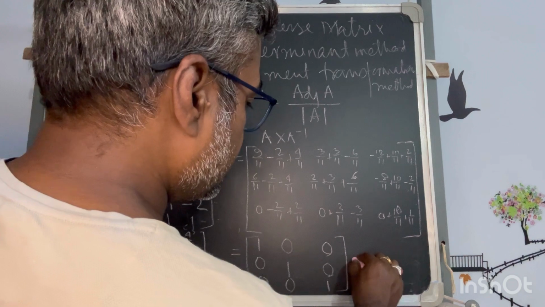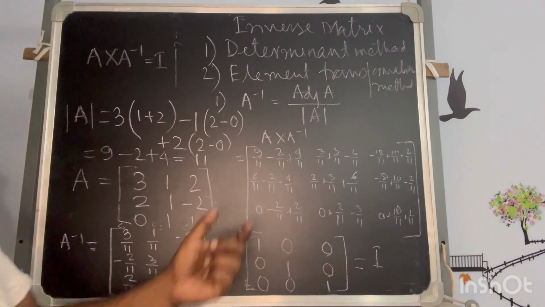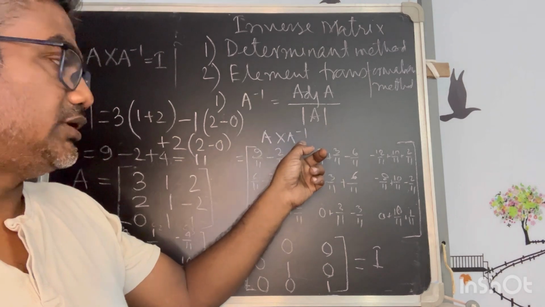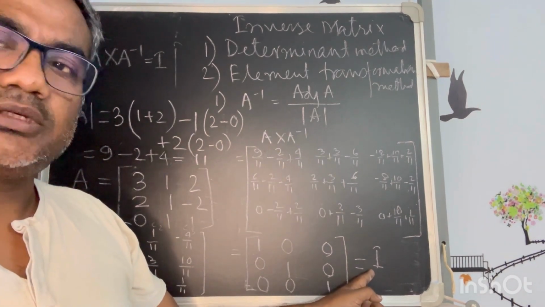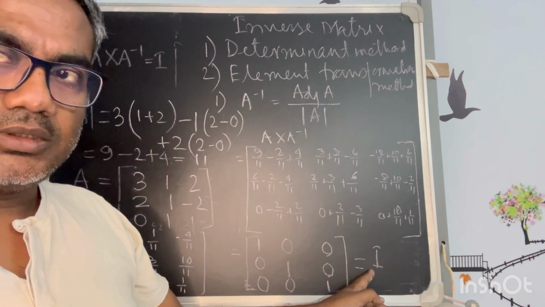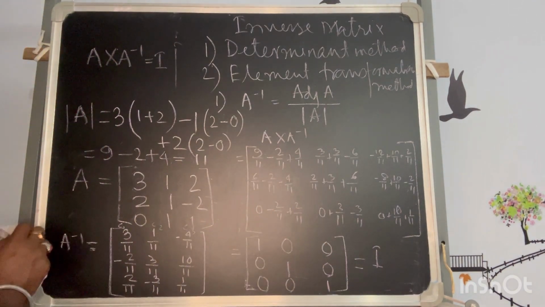So you can see this has turned into an identity matrix. Okay, so any matrix with its inverse, if I multiply, I will get a matrix which is an identity matrix. So this is one rule you can say.